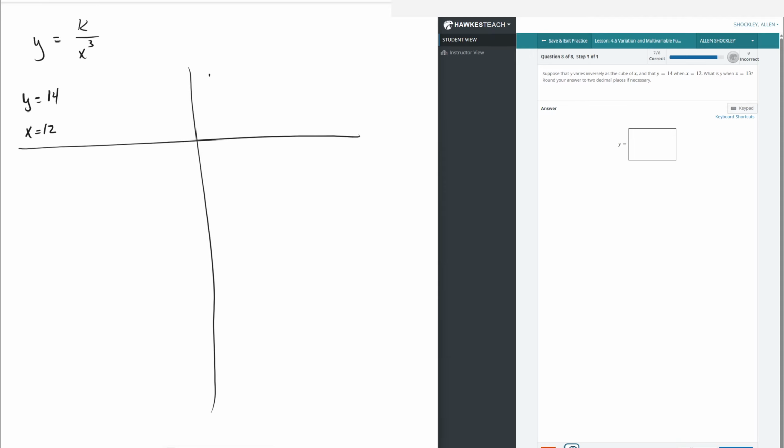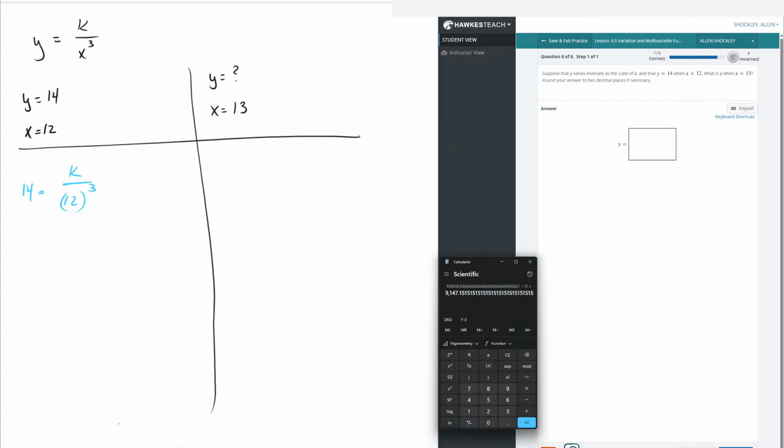What is y when x is 13? So let's do it. 14 equals k over 12 to the third. Well, first thing we have to do is find out what 12 to the third is.